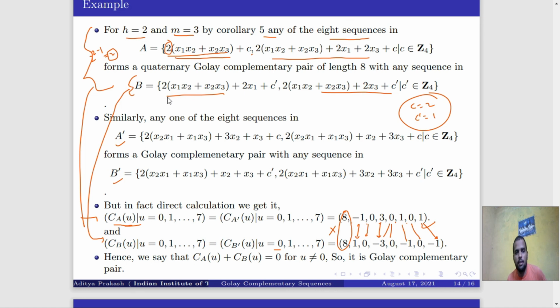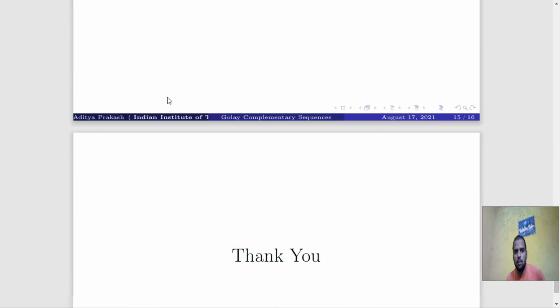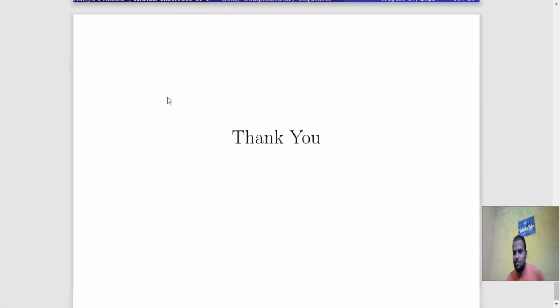After solving A dash and B dash, we get the same thing happening there. That means c_A dash is nothing but this value again comes, and c_B dash is this, and overall this sum will be 0. And similarly they are complementary pairs of each other, and this is my reference.